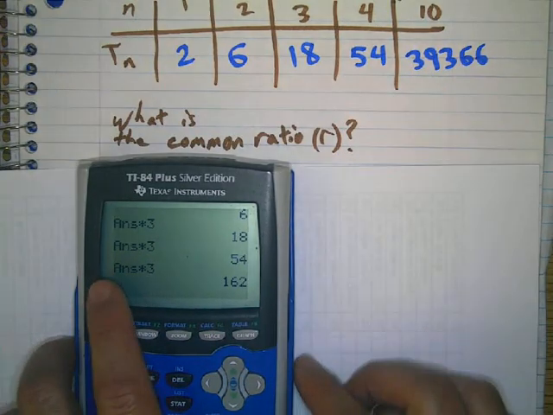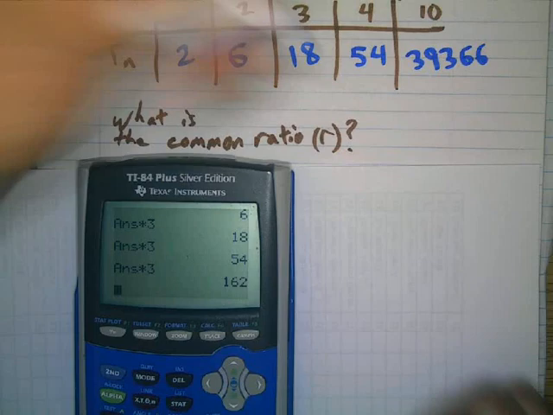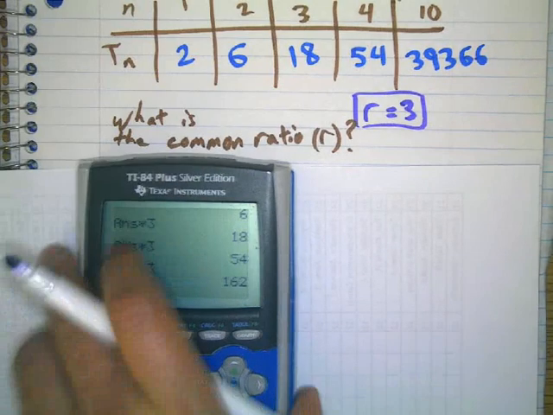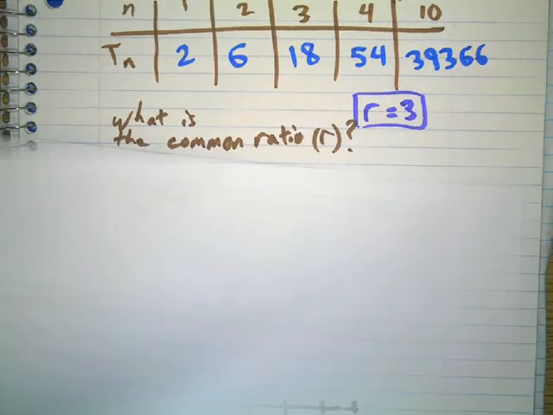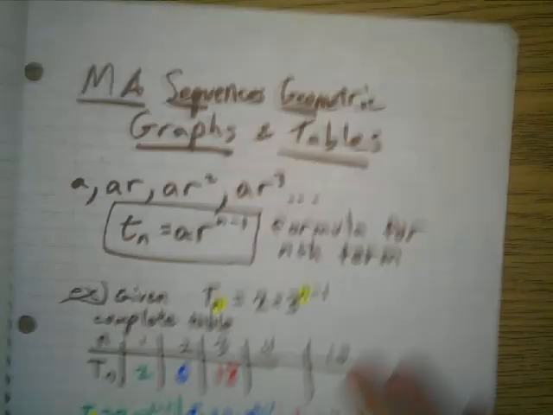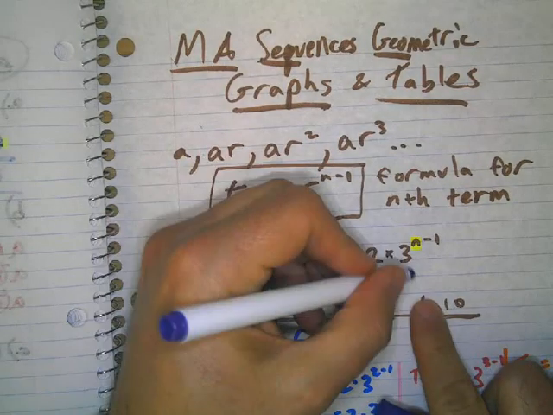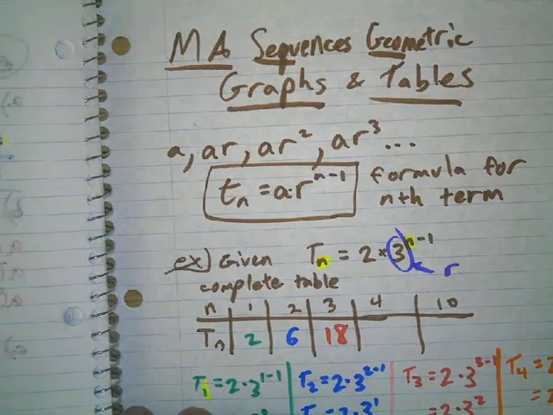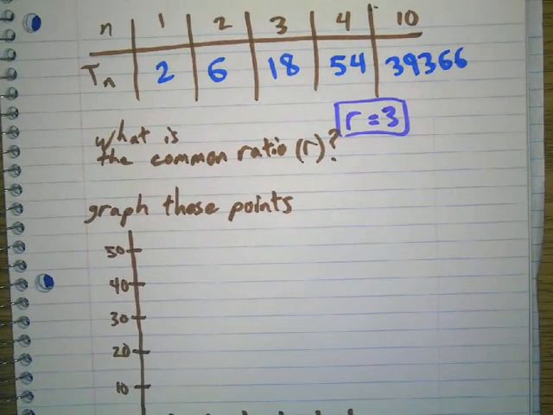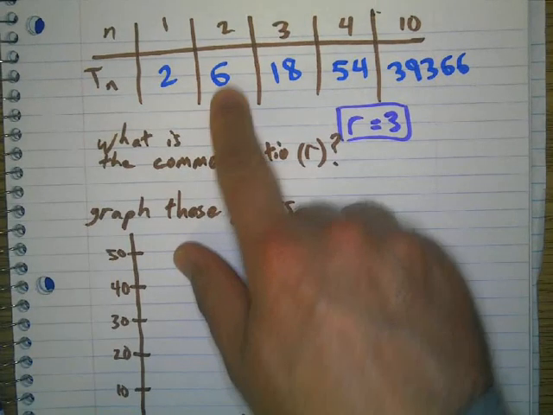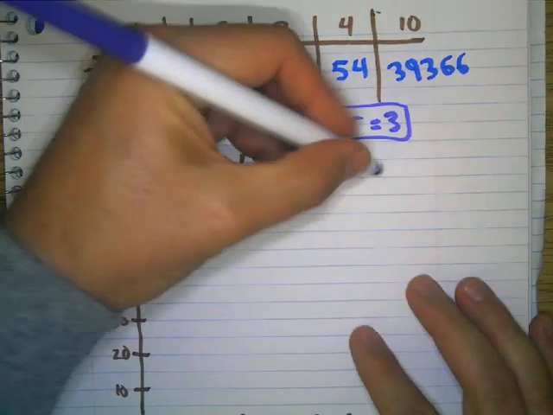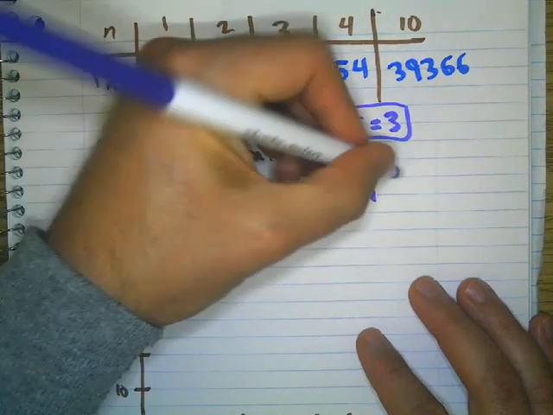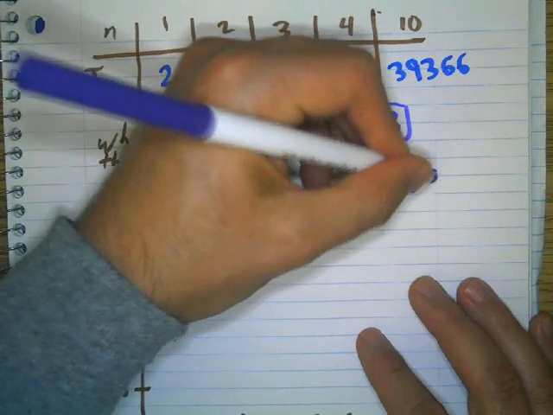Okay, so that's one way to figure out r, is to simply look at my formula, and this value here is the r value. Another way to figure it out is to do the second term divided by the first term, t sub 2 divided by t sub 1, and that's going to give me 6 divided by 2, which is 3.